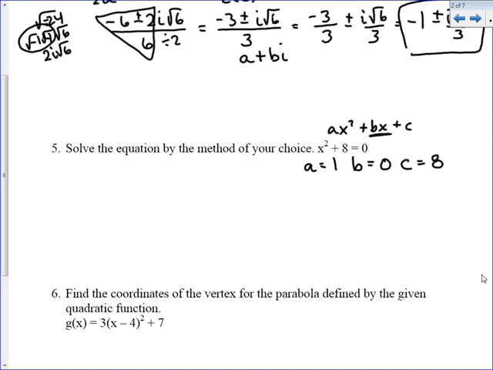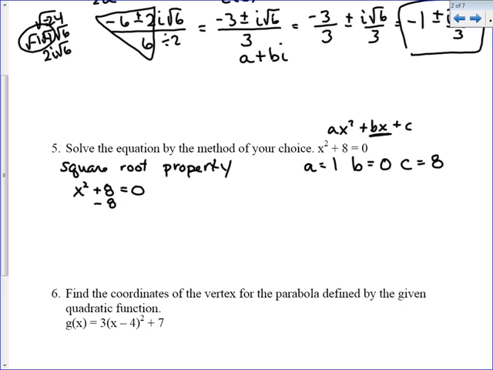Anyone have a better method, a simpler method for solving this? Do you know what that method's called? No, the square root property. I can very easily get this set up as something squared equal to a number. Again, when in doubt, use your quadratic formula, but make sure you can properly identify a, b, and c.